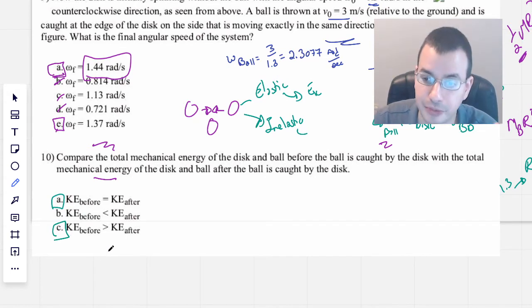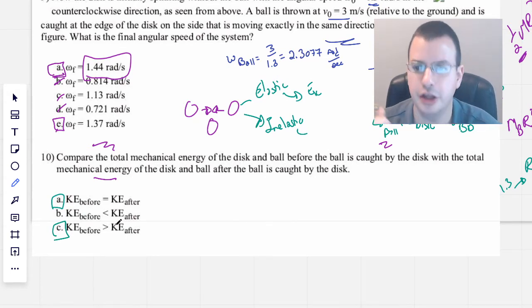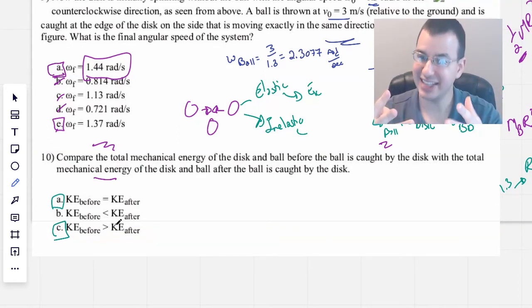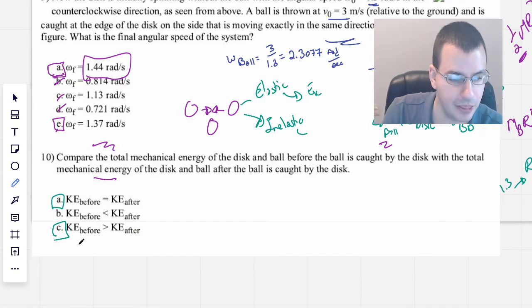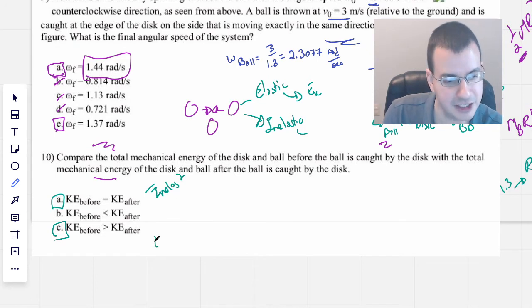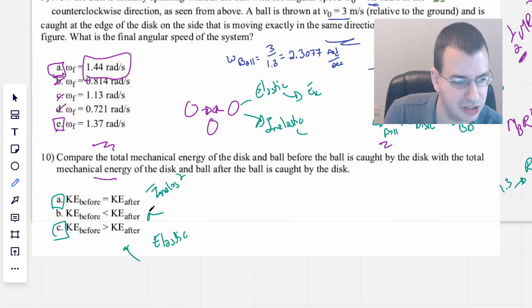So more likely you're going to lose energy in the collision. And since it seems to be an inelastic collision because they come together and they stick, you probably are going to have this one here. It's probably not going to be this, this is an inelastic collision. This is an elastic collision. And this is just impossible.